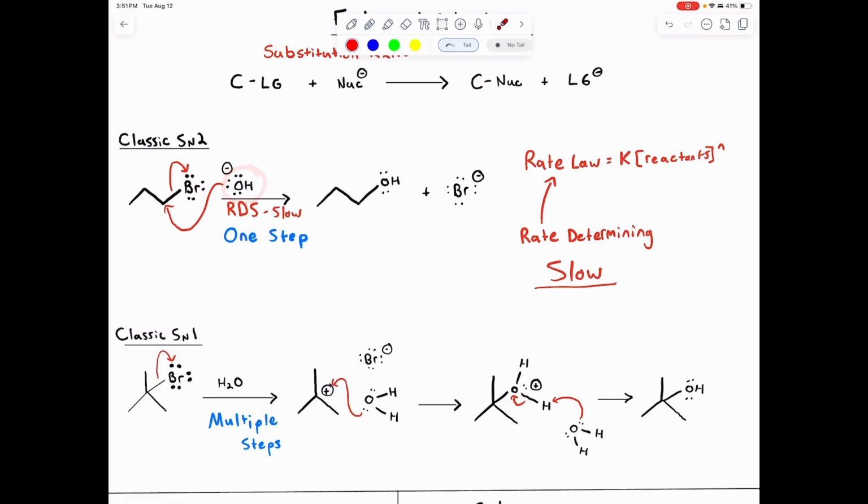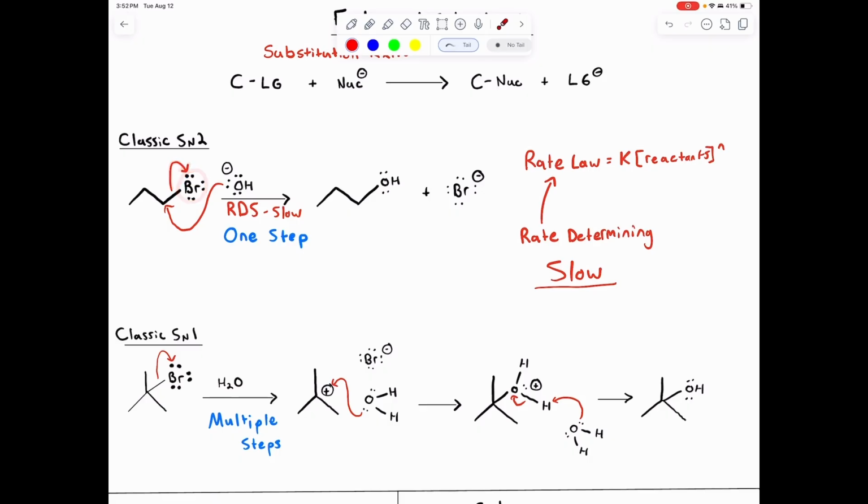So let me ask you here, does our nucleophile participate in the arrow pushing for the rate determining step in SN2? And the answer is yes. So it must be included in the rate law. Let me ask you the same question about the leaving group. Does our leaving group participate in the arrow pushing for the rate determining step of SN2?